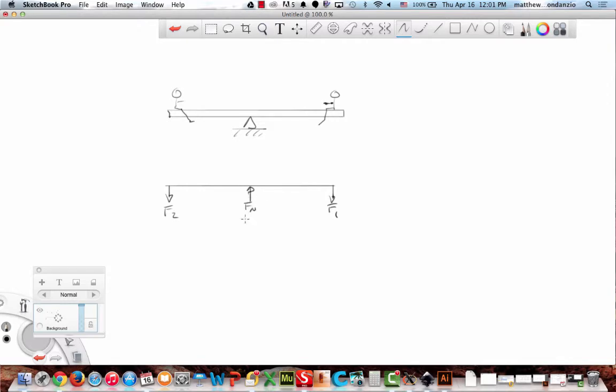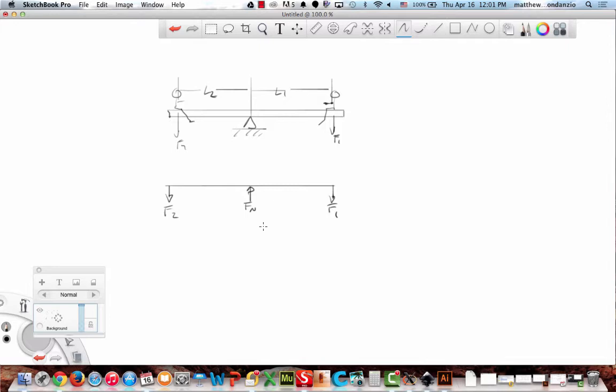Okay? And remember we said this was like L1. Here's my F1. Here's my L1. Here's my L2. Here's my force 2. So I've got a force 2, a force 1, and a normal force, a force coming up from the pivot point.